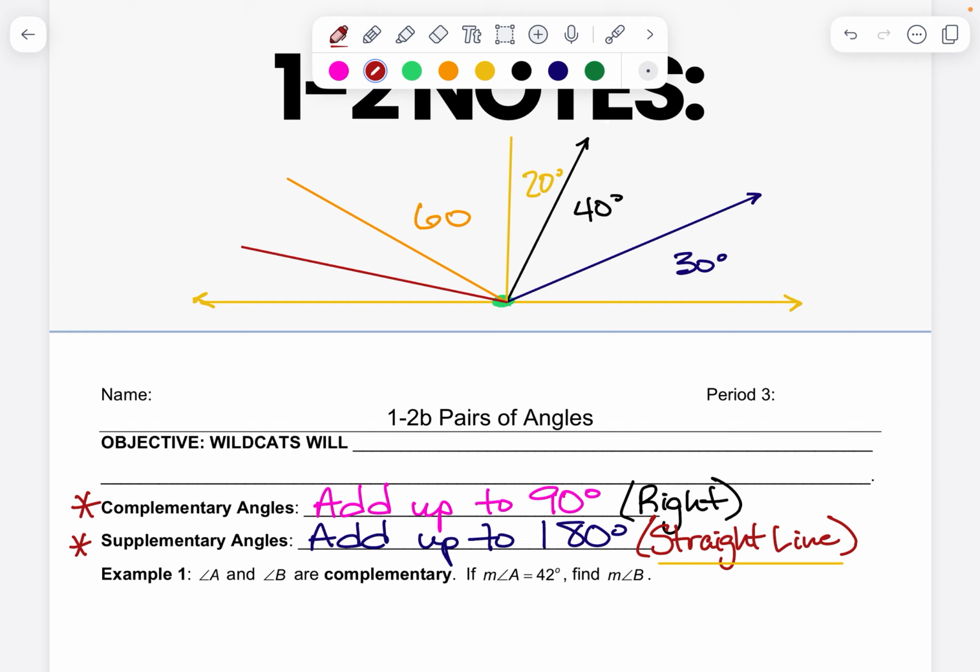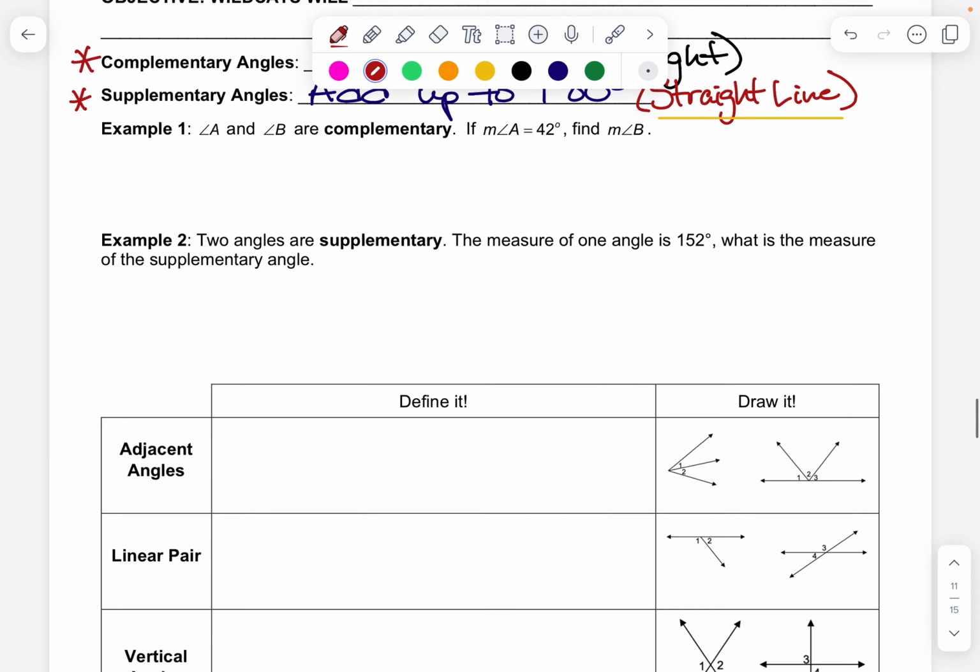That's 70, 90, 150. I'm going to say this is 25, and that brings me up to 165, and this is 15. So you can see there's an example of 6 angles, but they all together form a line. They all together add up to 180. So we would say that these angles are supplementary.